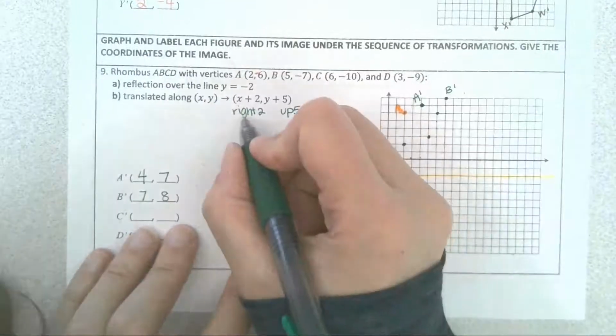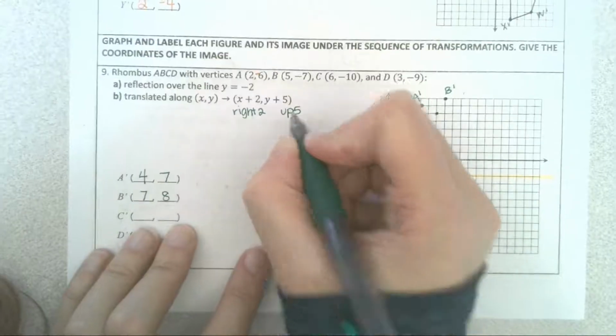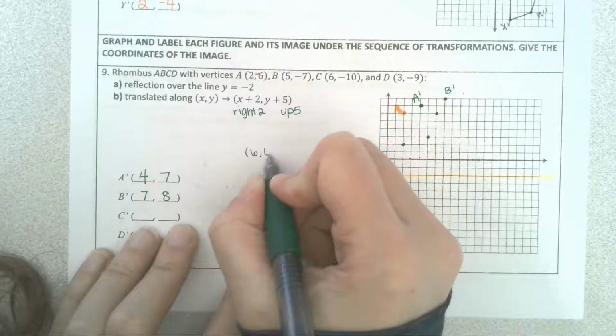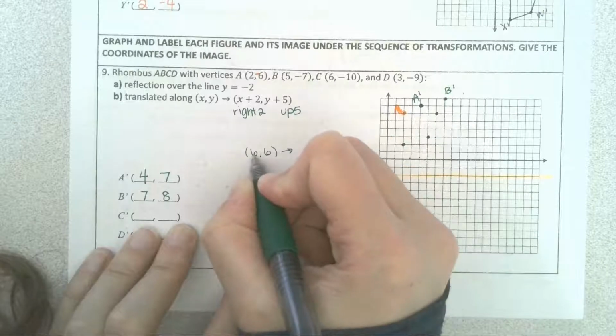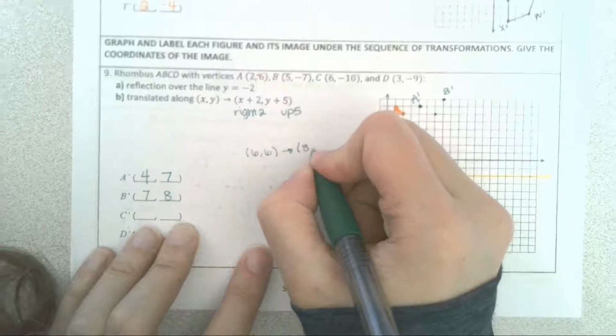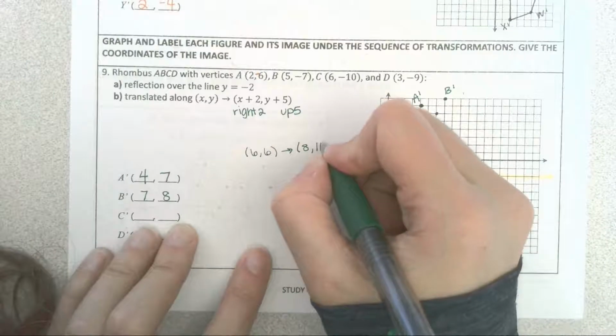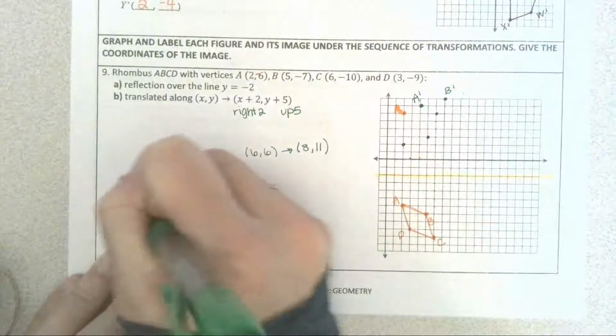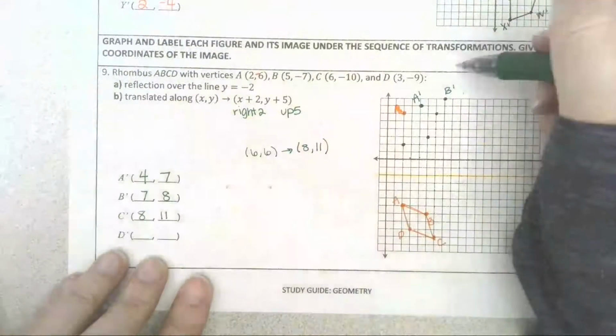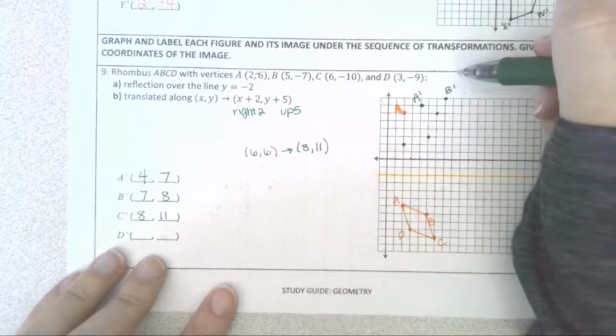When I have to move that right 2 and up 5, if I'm taking 6, 6, I'm going to add 2 to X and add 5 to Y. So C prime is going to end up at 8, 11, which is going to be somewhere up here.